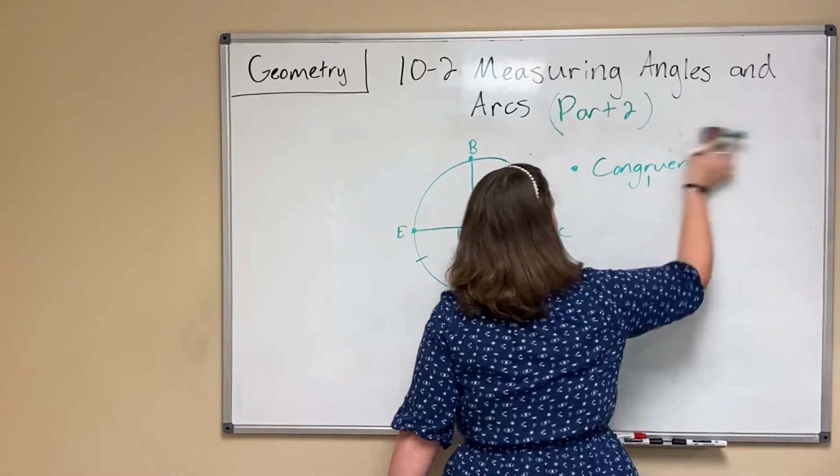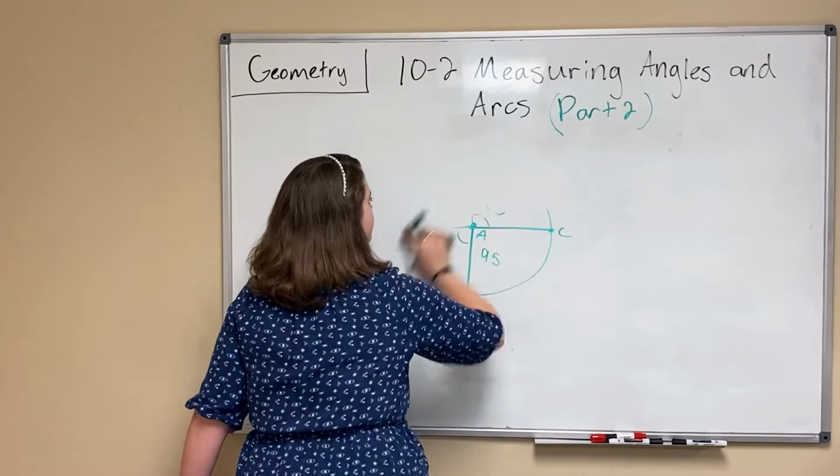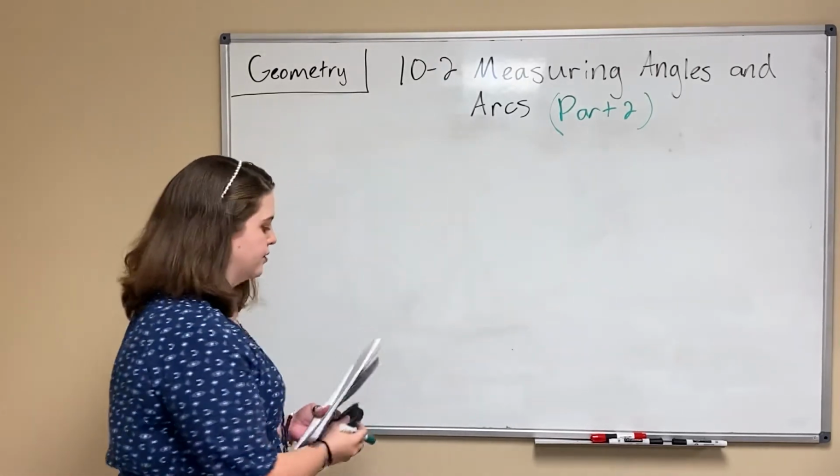The next thing we're going to talk about is what to do if I gave you the length of the arc and you didn't know necessarily anything about the angles.